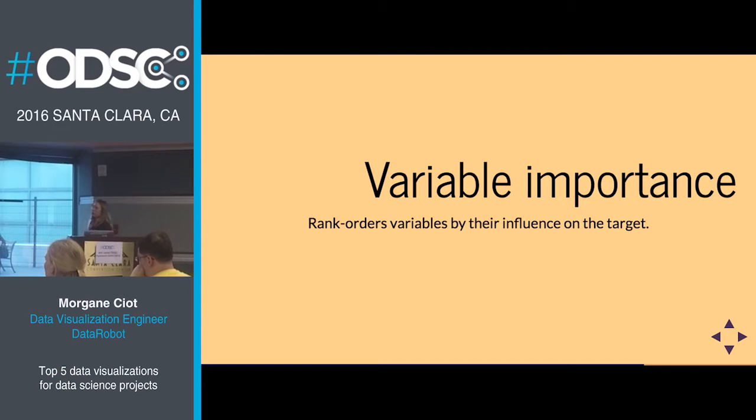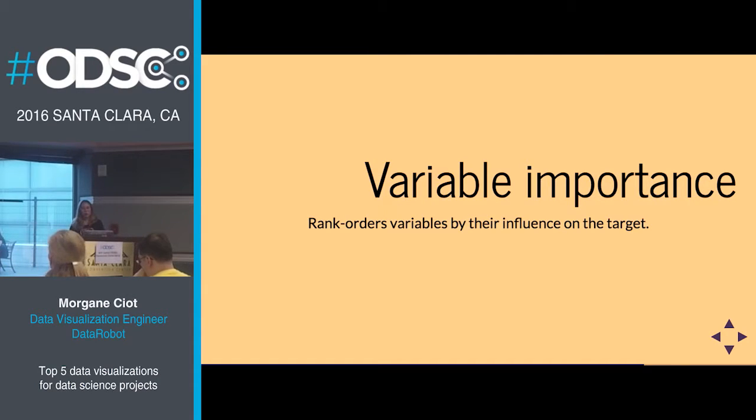Variable importance is basically a collection of methods that helps you rank order variables by the size of their impact on the target. At DataRobot, for example, we have several ways of computing this that are both feature type and model agnostic, which means that you can rank order variables that have different types, like categorical, numeric, text, whatever, and you can compare those across models.